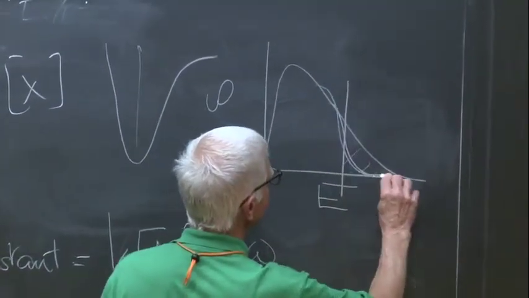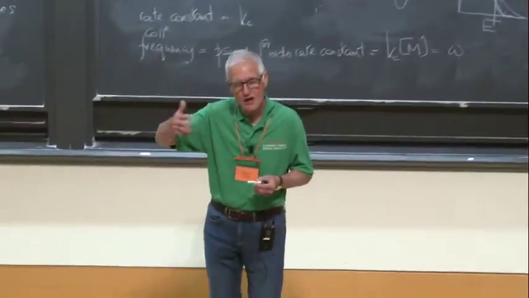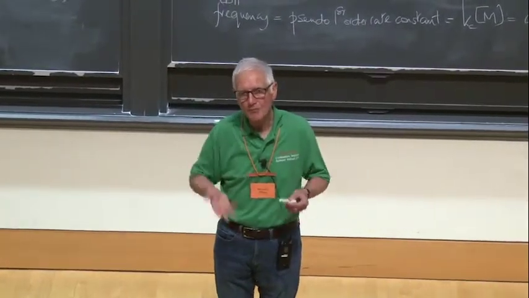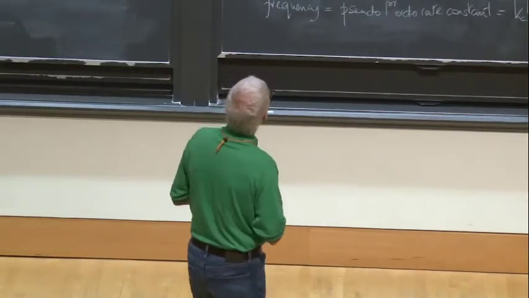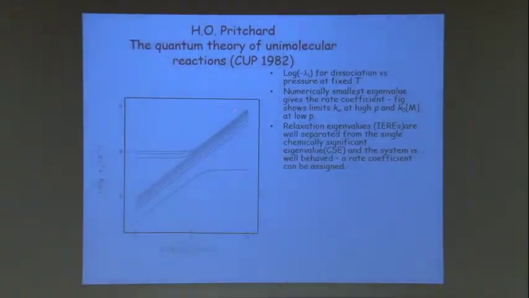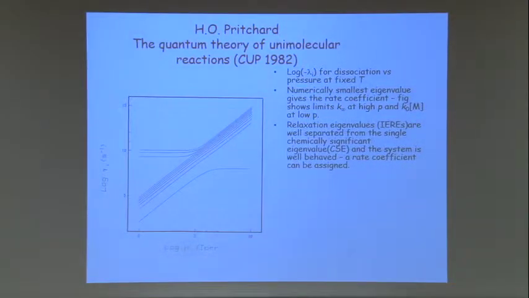So there's the steady state distribution, and it's been established during these short time energy relaxation processes that have pumped the molecules up into this energy range. Okay, so these then are all these internal energy relaxation eigenvalues. And if everything is working perfectly, then they are well separated from this smallest eigenvalue down here.